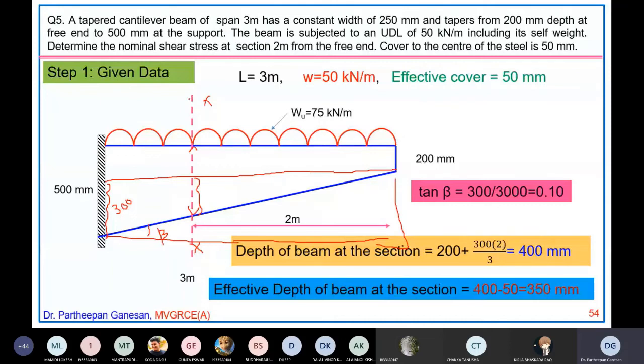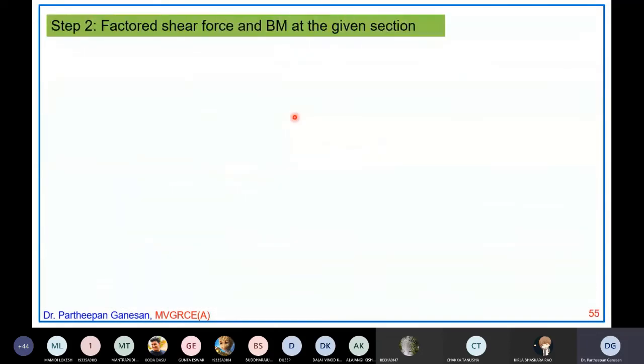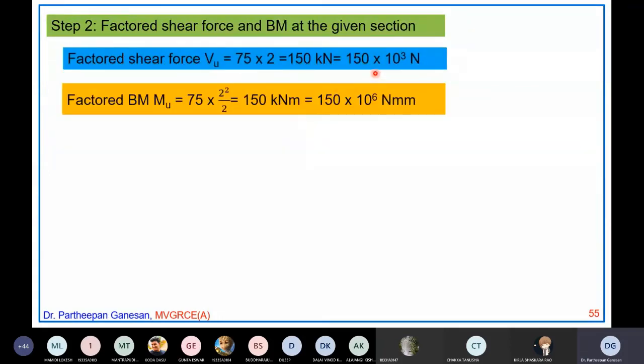Now if I take the right side I have only this UDL 75 kilonewton per meter. So sum of vertical force how much? 75 kilonewton per 1 meter. My right side length is 2 meters. So total will be 75 into 2, which is 150 kilonewton, my factored shear force.